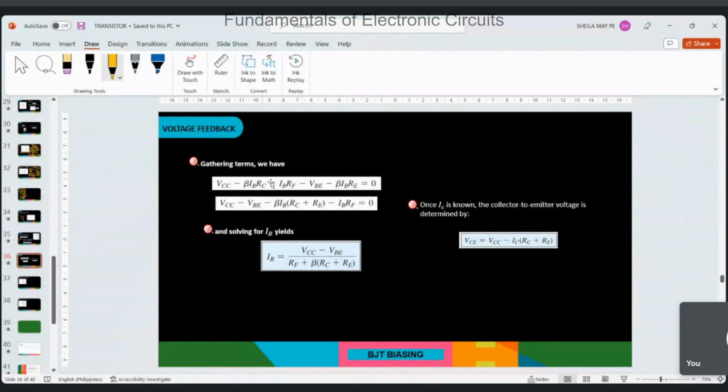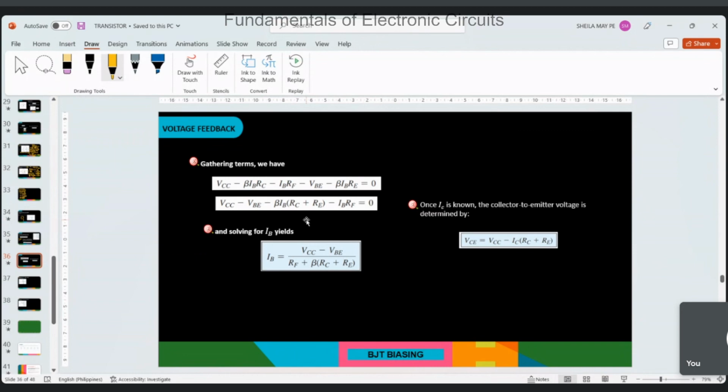They have the same beta IB, so we combine the common term, that's beta IB, the very common variable. So that's beta IB times RC plus RE. Okay, because when you distribute the negative sign, that's negative beta IB RC minus beta IB RE. Then the remainder, which is IB RF, equals 0.